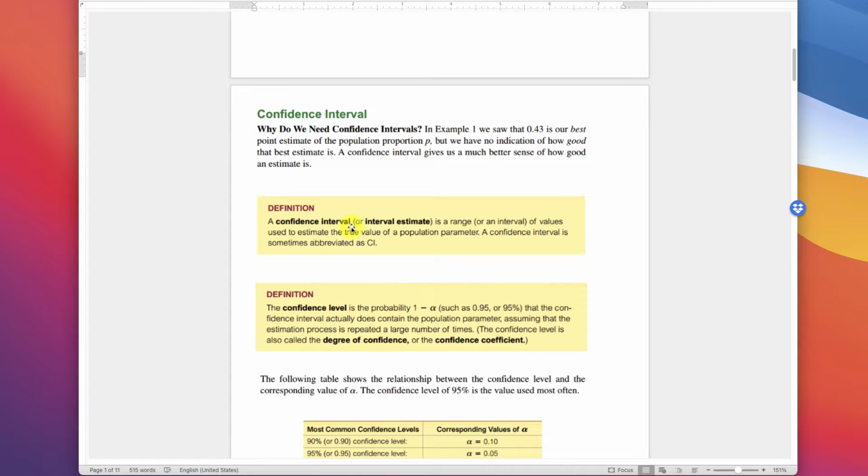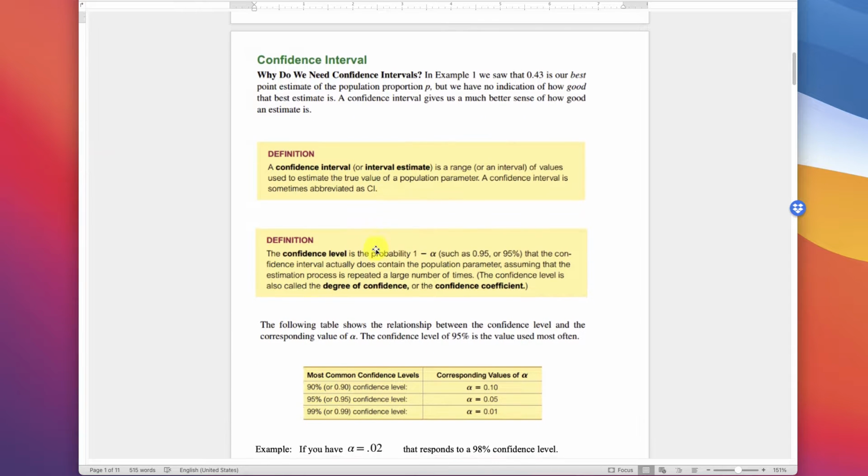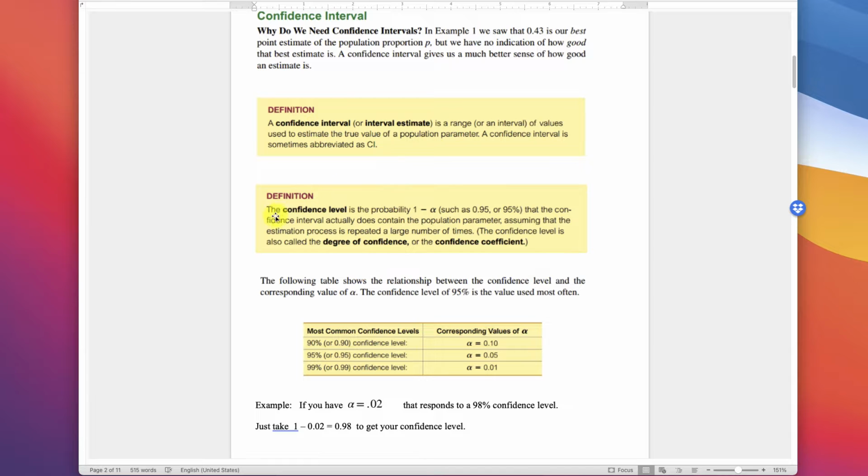A confidence interval is a range of values used to estimate the true value of a population parameter. It is sometimes abbreviated CI, so you'll see that in the homework. The confidence level is the probability 1 minus alpha, such as 0.95 or 95%, that the confidence interval actually does contain the population parameter, assuming that the estimation process is repeated a large number of times.